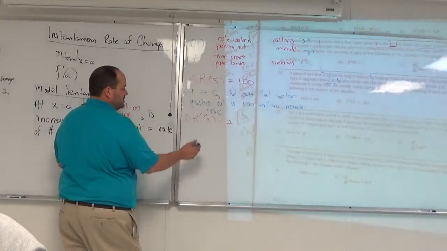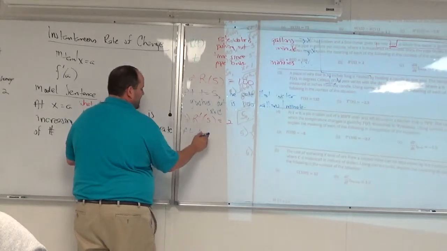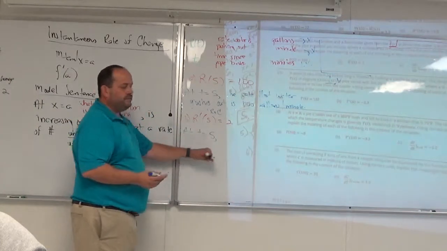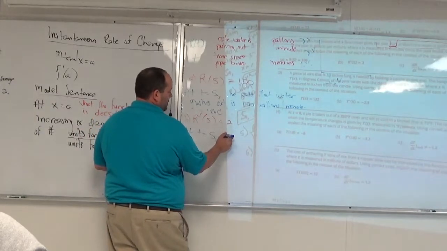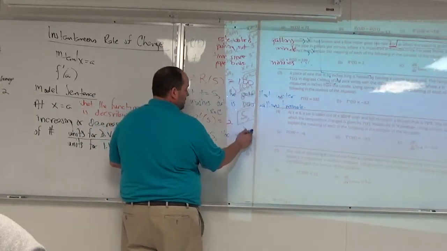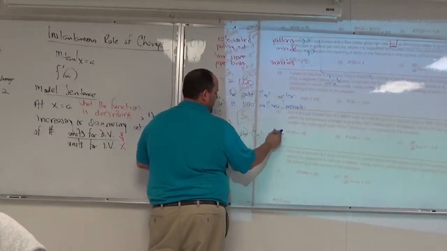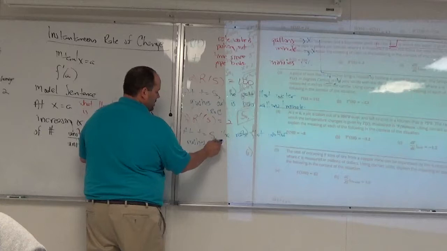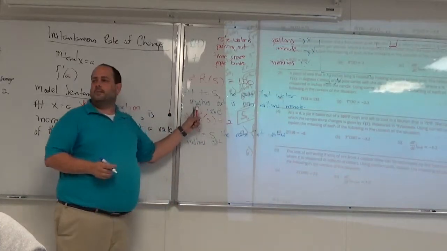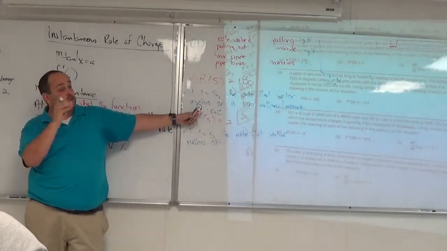And here's how the sentence is different. At T equals 5, what is the function described? It's still the rate that water gushes out. Because of that prime, it is a derivative question.